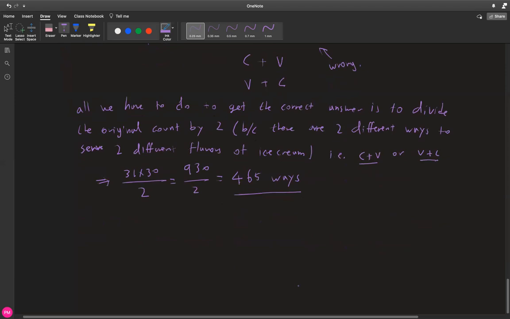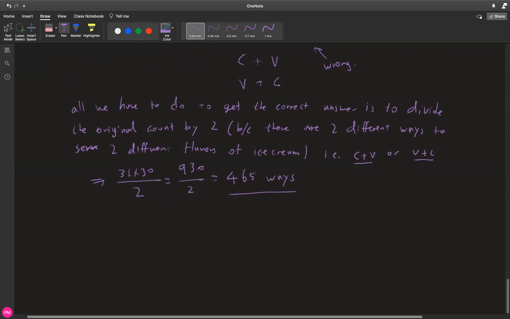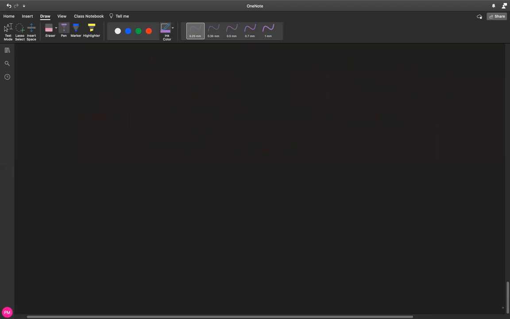Now let's solve the same problem using the combination that we just did. The second way of solving it is simply 31 combination 2. It's the same thing. This is 31 factorial divided by 2 factorial multiplied by 31 minus 2 factorial.